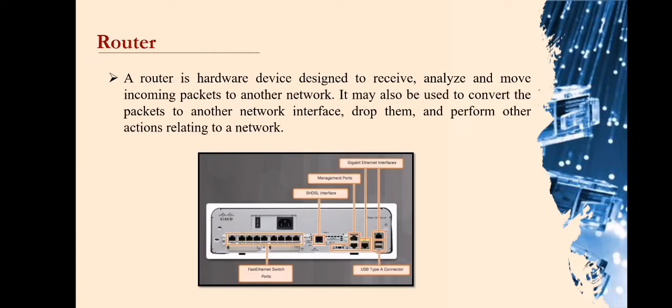Next is the term router. So what is a router? A router is a hardware device designed to receive, analyze, and move incoming packets to another network. It may also be used to convert the packets to another network interface, drop them, and perform other actions relating to a network.